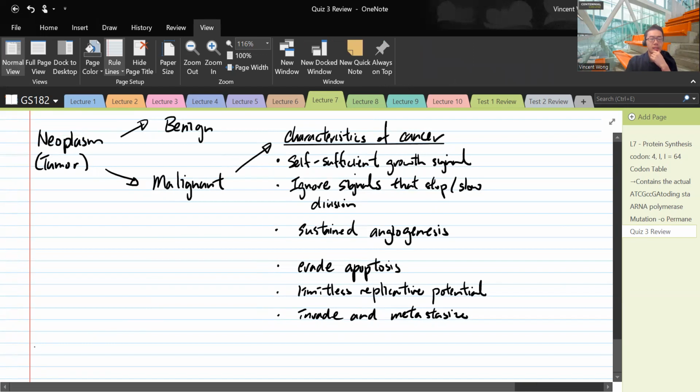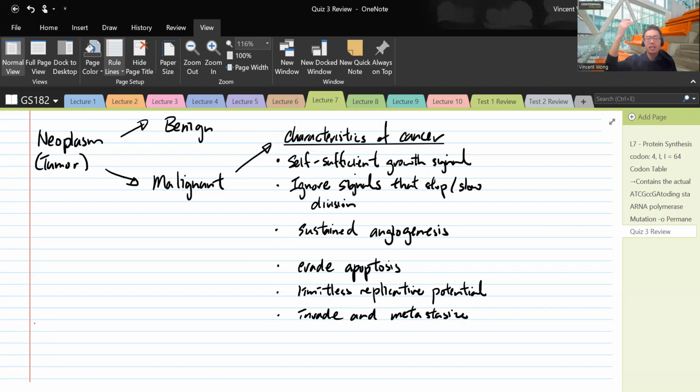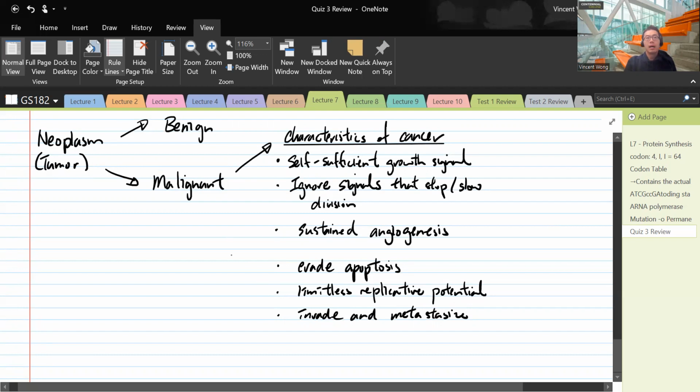That's it for lecture 6, basically. That's everything that you should know. Now, for lecture 7, the main thing that you have to know is basically what we have been doing this whole week. You have to know how to go from template strand to RNA and then to protein, and if I give you the coding strand, you have to know how to do that as well.